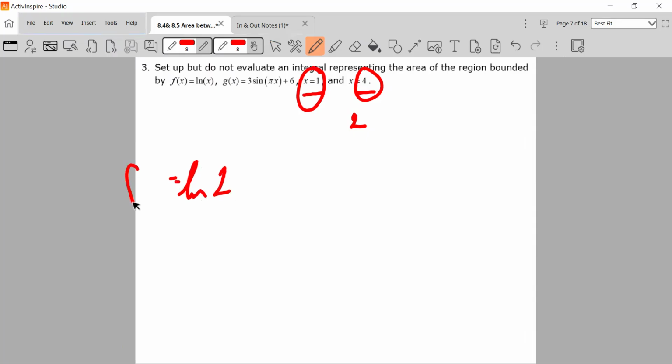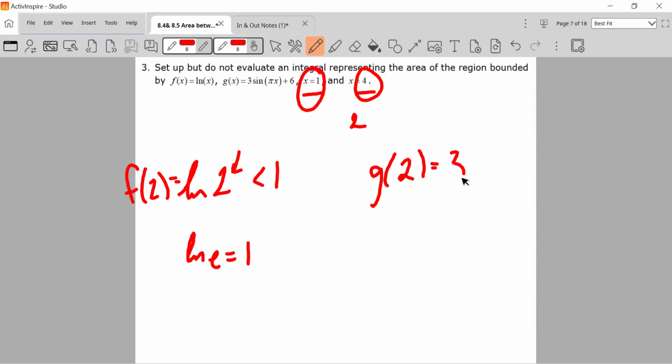F of 2 is the natural log of 2, which I don't know what that is, but I know the natural log of e is 1, and 2 is less than e. So this has to be less than 1. So whatever my answer is for G, I know that if it's bigger than 1, it automatically wins. Then G of 2 is equal to 3 sine of 2 pi plus 6.